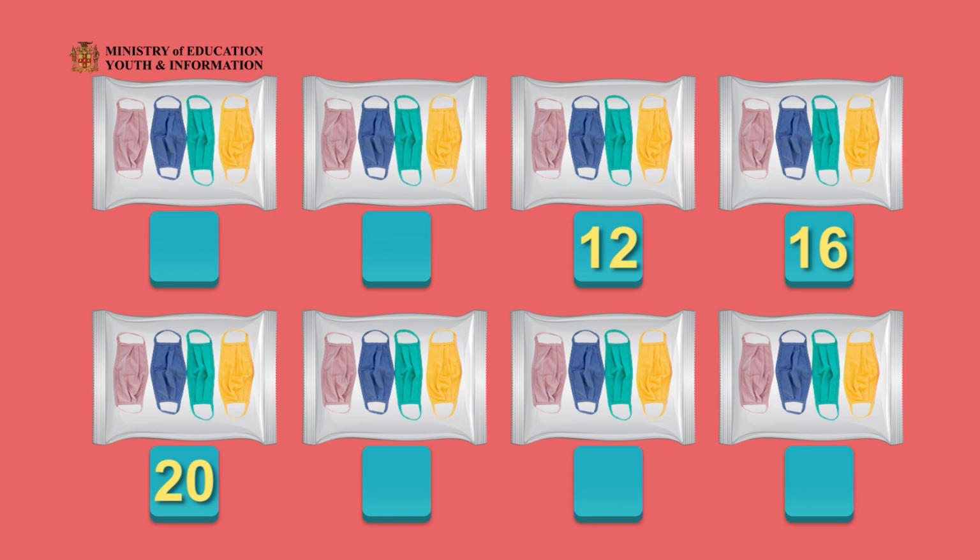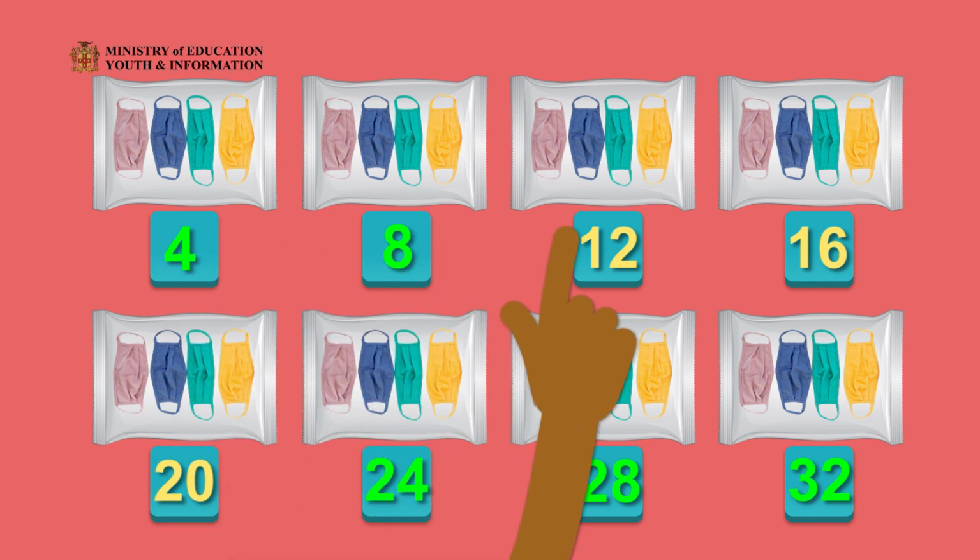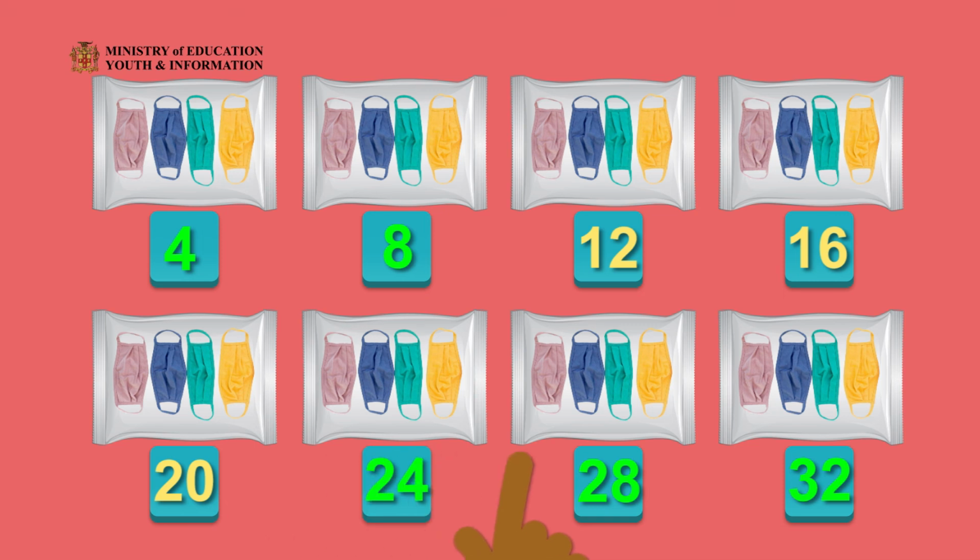If you said the missing numbers are 4, 8, 24, 28, and 32, that is absolutely correct. Let's count the number of masks together. 4, 8, 12, 16, 20, 24, 28, 32.